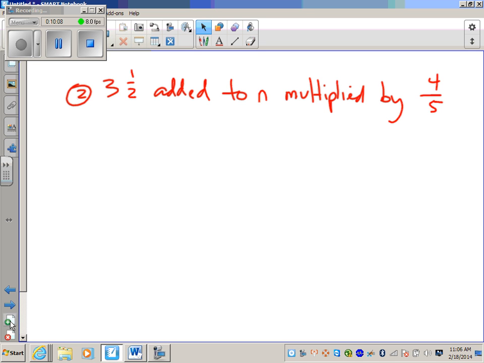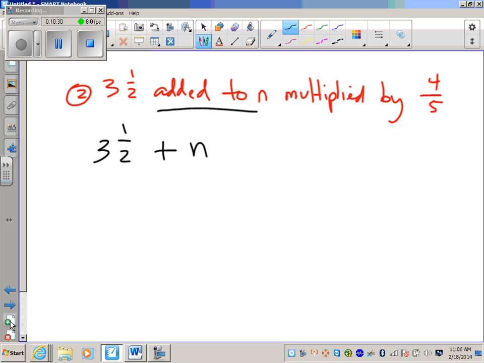I know you're a little scared because the first one you all thought was one way and then I switched it on you. Well, 3.5 added to n. Can we take that in the order that it is? Let's use 3.5 plus n, right, added to n, times 4/5. Okay. All right, get that down.